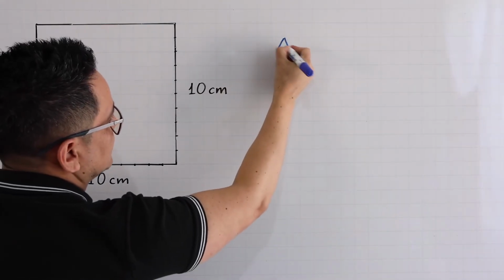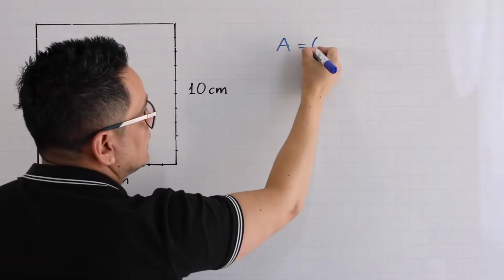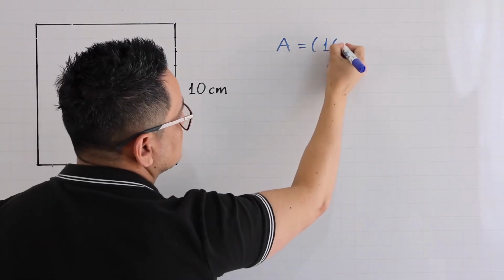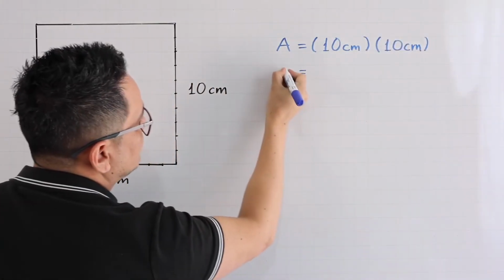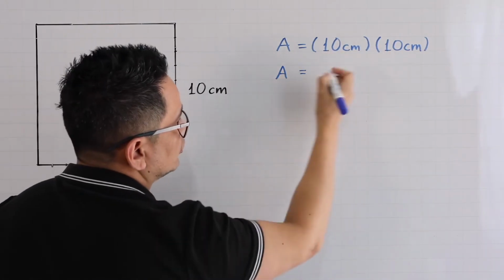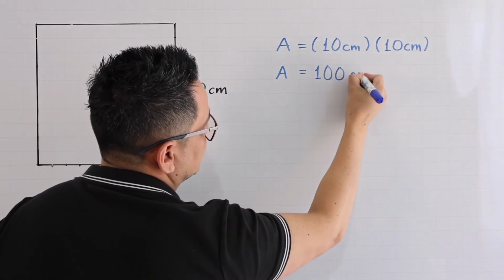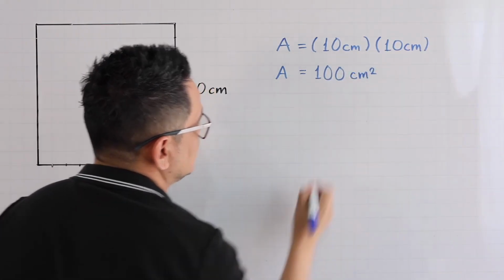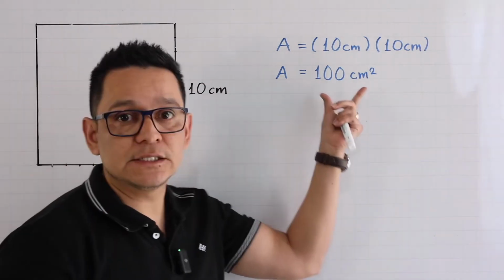In the end, either way, to calculate the area of the square, I have to multiply 10 centimeters by 10 centimeters. Let's do the multiplication to calculate the area of my square. So, 10 times 10 equals 100. And centimeter times centimeter, well, that will be square centimeters. Done. The area of this square is equal to 100 square centimeters.